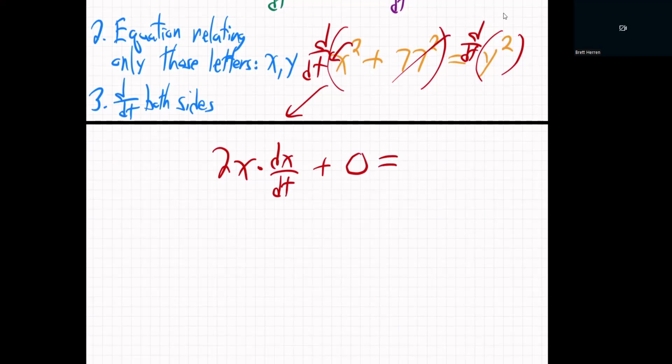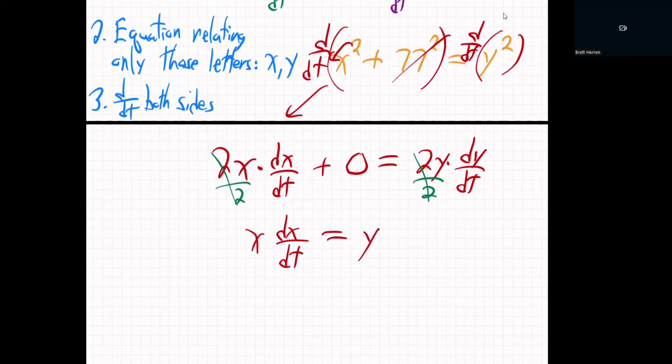The numbers don't change, so the rate of change of that number is 0. And then 2y dy/dt. We can immediately get rid of these 2's. So now we've got x dx/dt equals y dy/dt. That's nice. And step 4, plugging in the numbers.